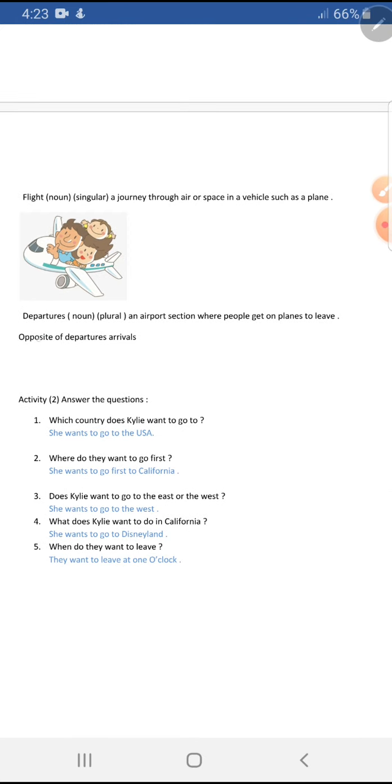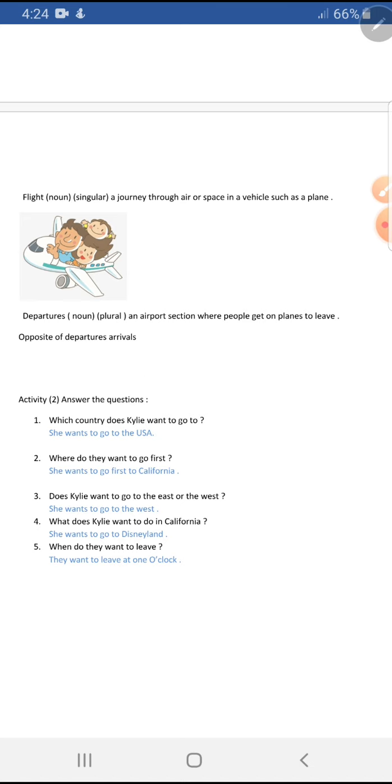And departures, noun, plural: an airport section where people get on planes to leave, and the opposite of departures is arrival. So we have to know that there is a section in the airport called departures.